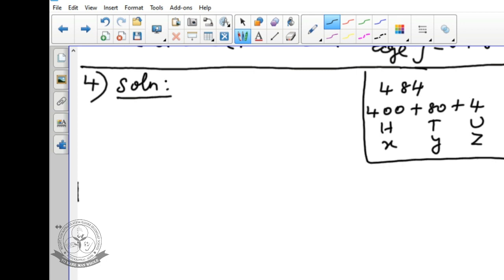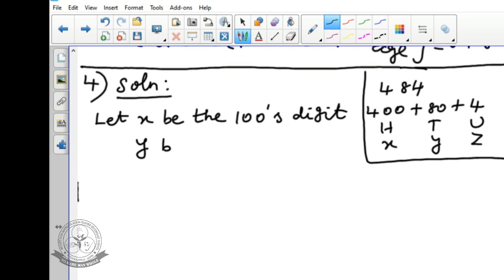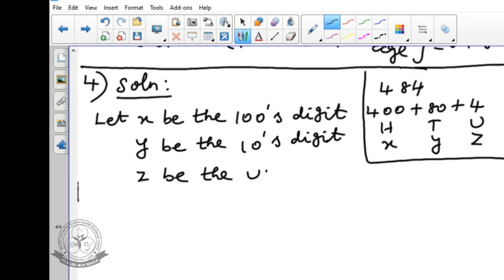You have to write like this: Let X be the hundreds digit, Y be the tens digit, and Z be the unit digit.